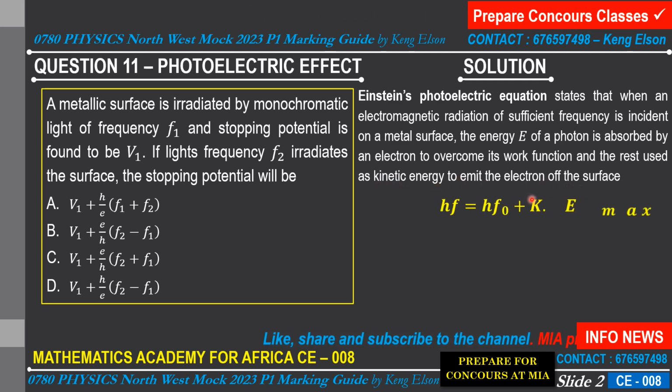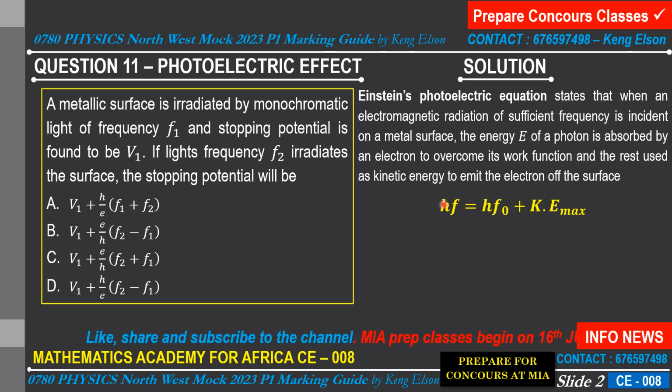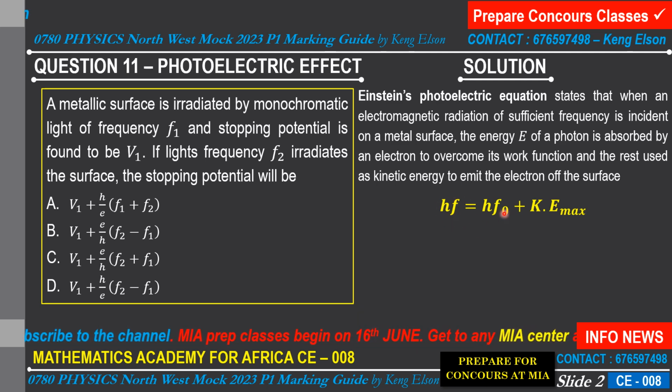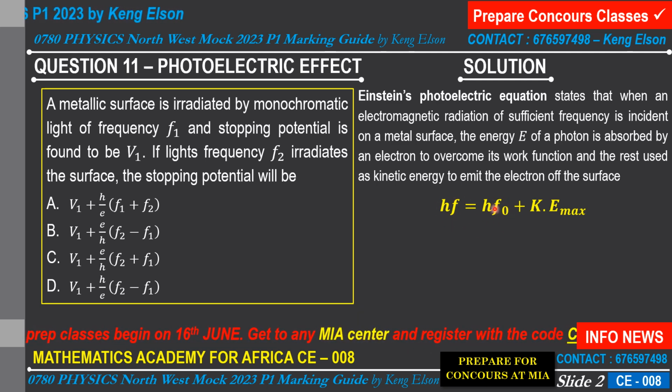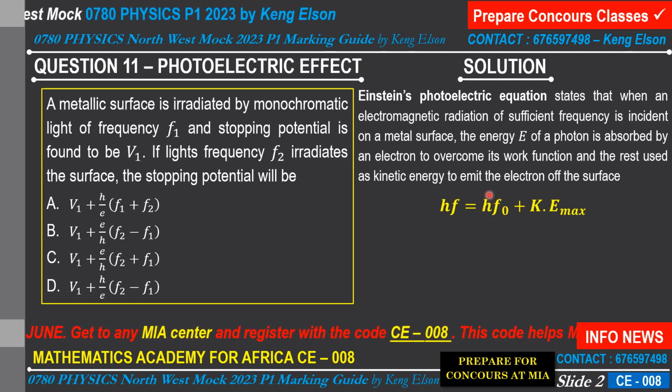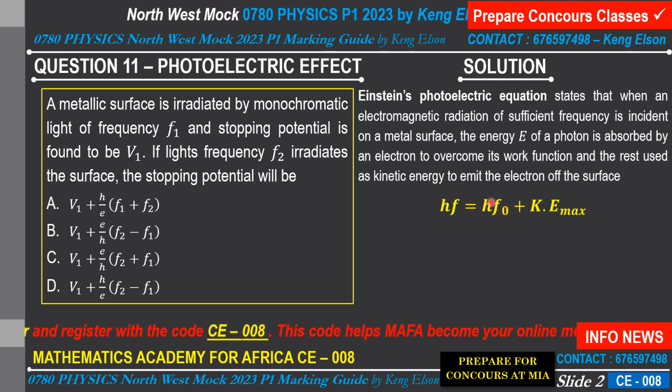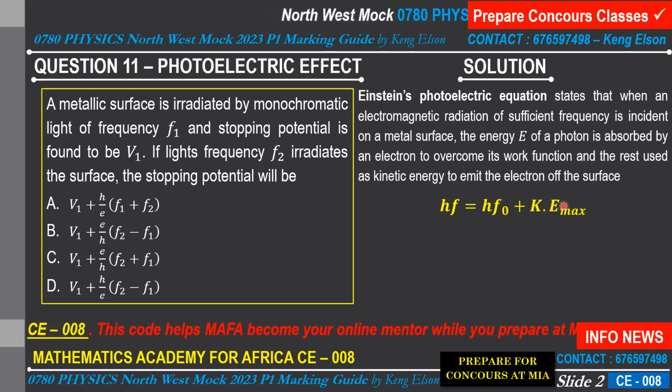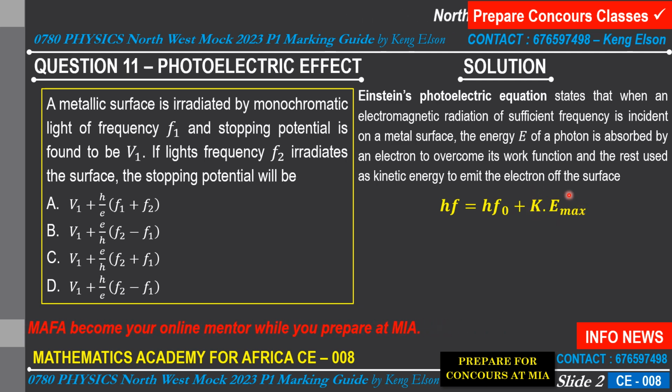So what we are saying is that the energy of a photon, HF, is equal to the energy used to overcome the work function, which is HF0, alongside the kinetic energy, which is now used to emit the electron off the surface, which is specifically the maximum kinetic energy.